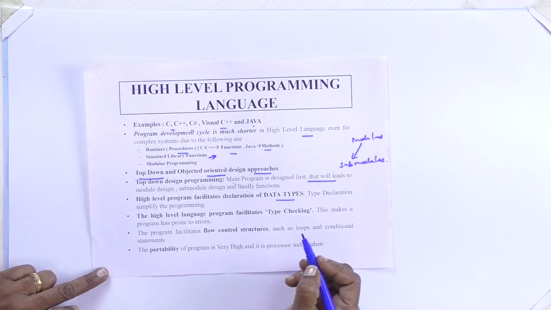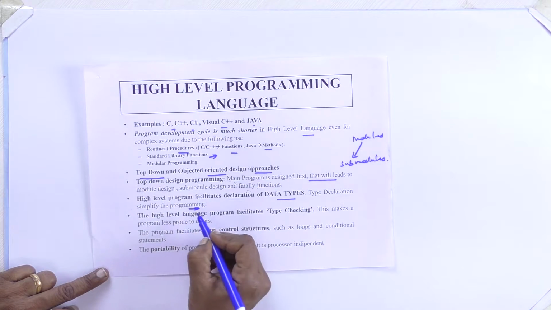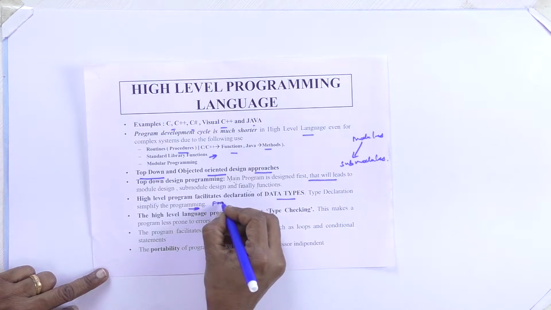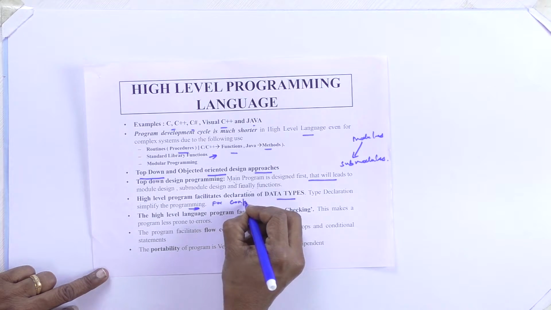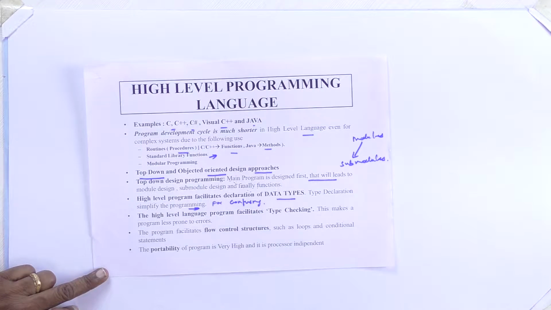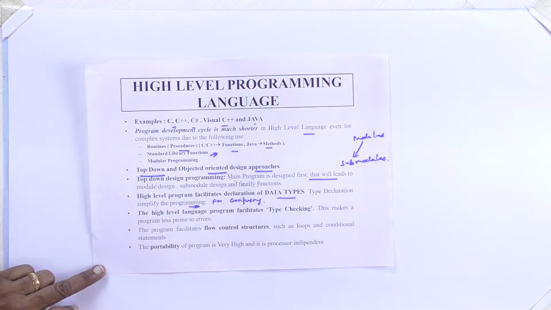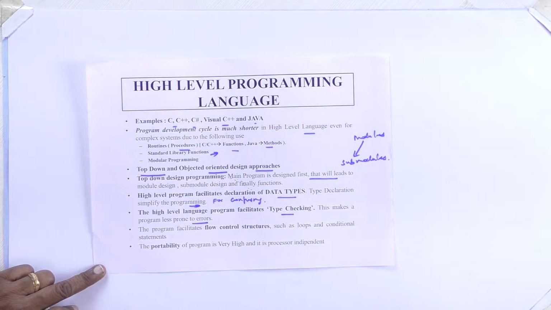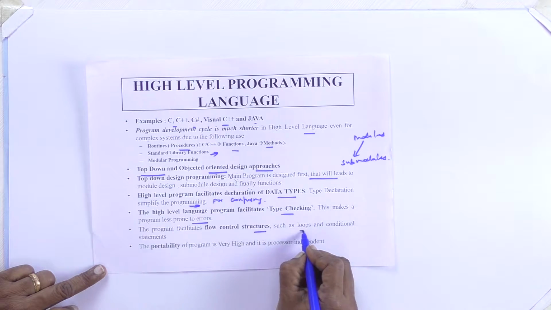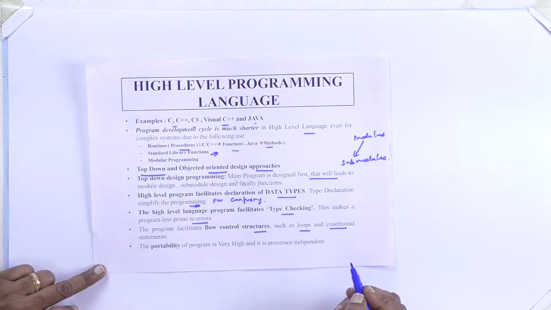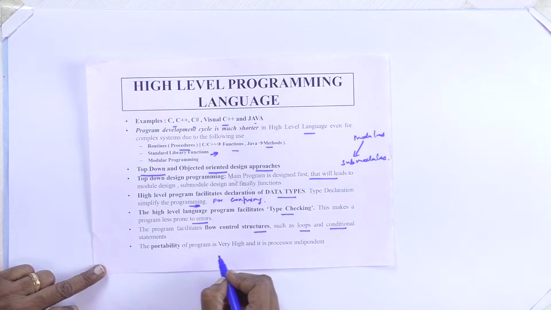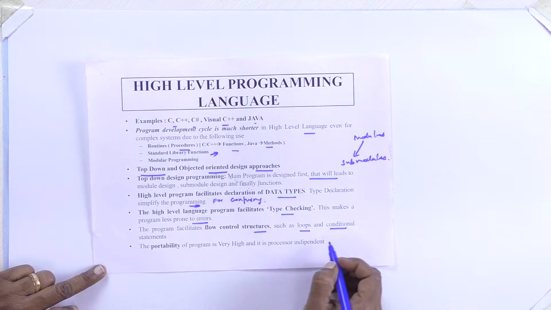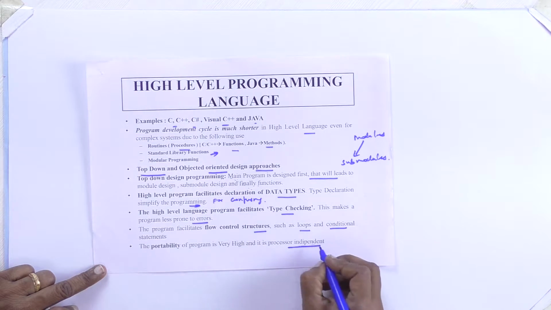The type declaration saves the programmer from confusion. The high-level language also facilitates type checking. This makes the program less prone to errors. It facilitates flow control structures such as loops and conditional statements. The portability is very high and it is processor independent.